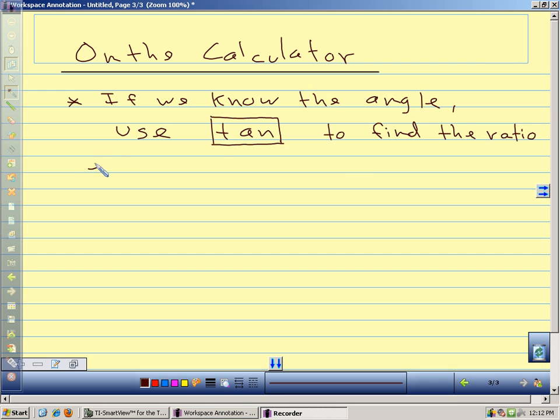The problem would say something like, use your calculator to find the tangent ratio of 47 degrees. So in my calculator, I'm going to use the tangent button and 47 degrees.